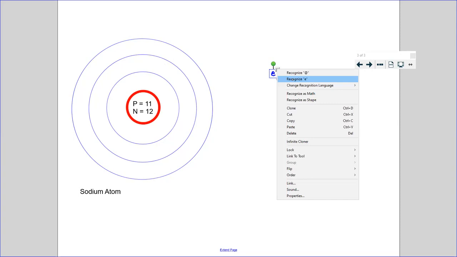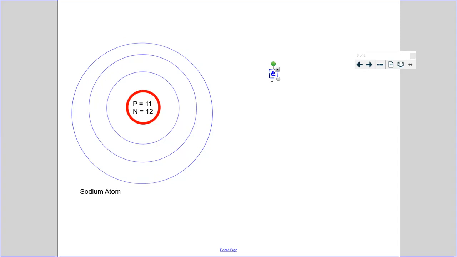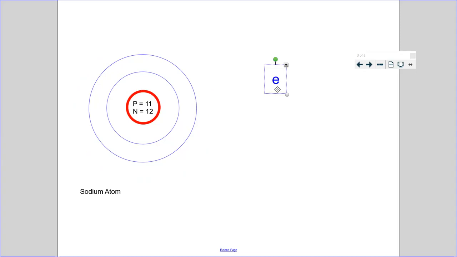Out of these 11 electrons, how many are bound and how many are free? Aren't they all free? No. Not all of them are free.